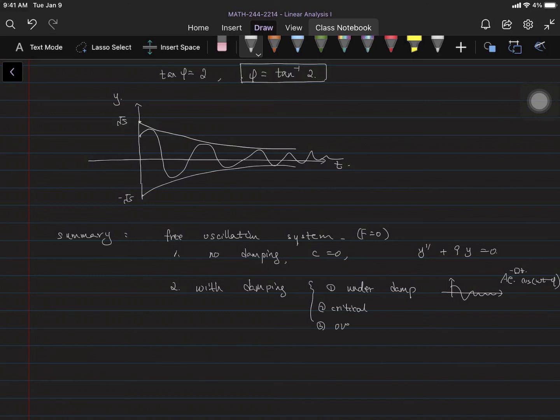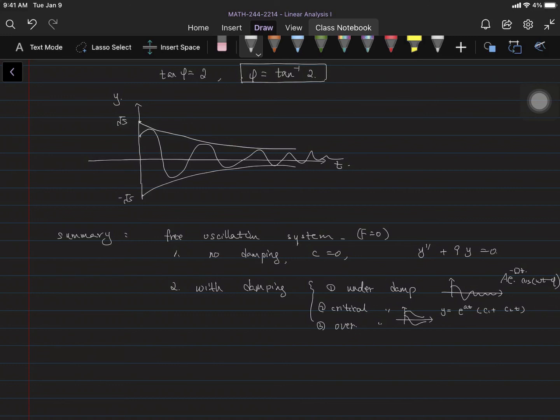The second and the third, critical and overdamped, are the same thing, the same graph. They pass through the equilibrium at most 1 time. And what's the solution? The solution for the critical case should be e to the at, times c1 plus c2 t, because the second solution is t e to the at.